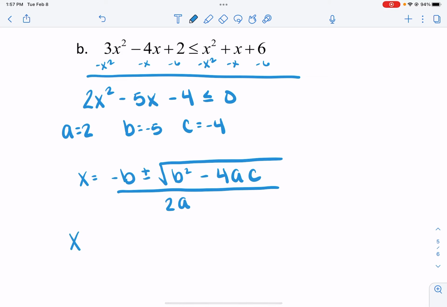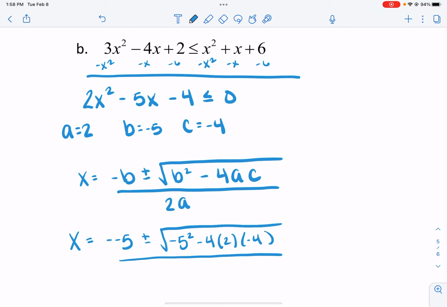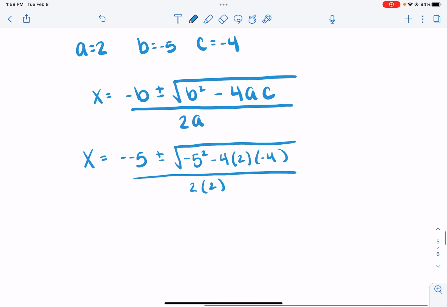We've got x equals, so that would be negative 5 plus or minus the square root, negative 5 squared minus 4 times 2 times negative 4 all over 2 times 2. All right, when you simplify that, we get x equals 5 plus or minus the square root of 57 divided by 4.